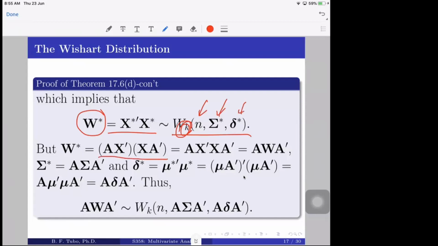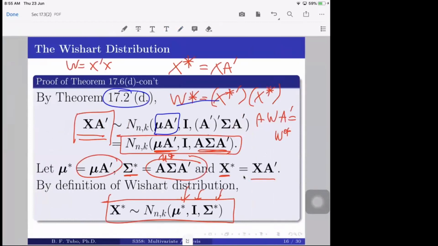So W star will be AWA prime. Your sigma star will be A sigma A prime. And checking on the delta star, your mu star will be mu A prime.